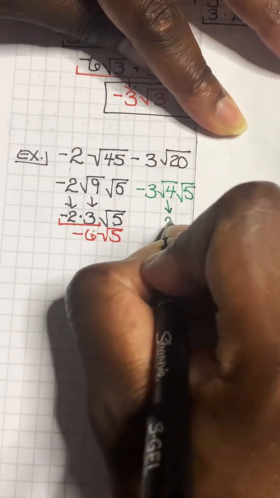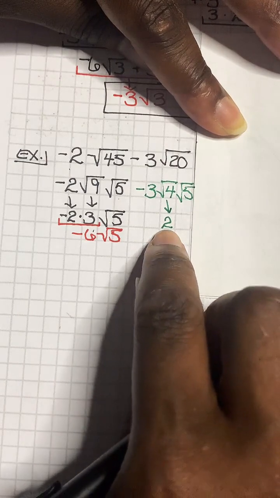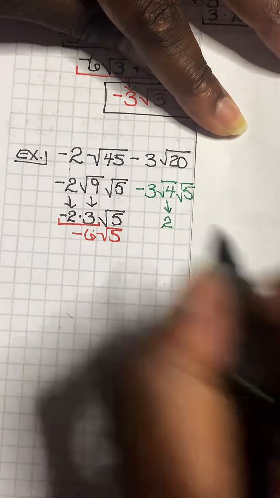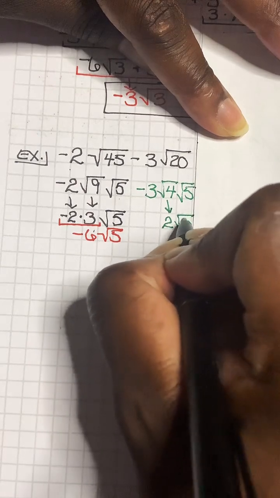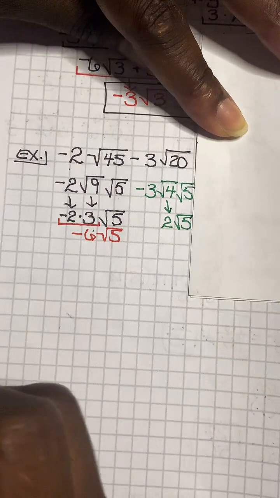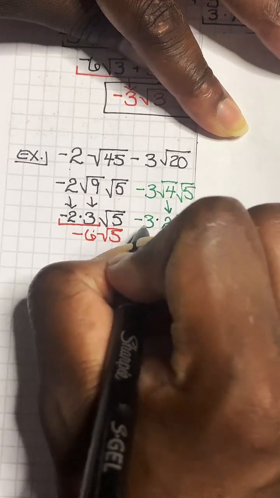So now, square root of 4 will give me a whole number of 2. It's no longer under the radical because it is a perfect square root. Square root of 5, that's prime. So if I can't break it down, I bring it down. Now I'm multiplying it to my negative 3.